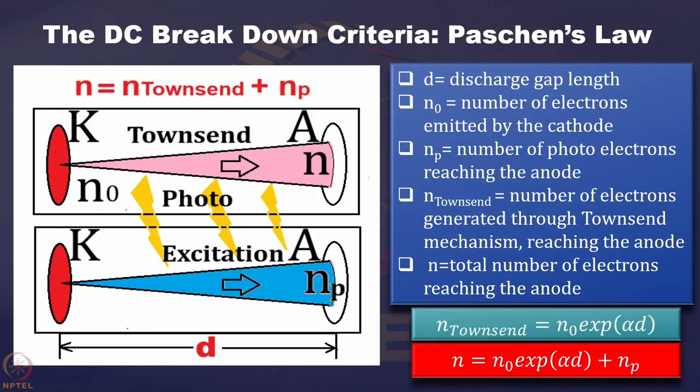The DC breakdown criteria, or Paschen law, is derived in this class. We will start like this. There is a cathode, say K, there is an anode, say A, and N0 number of electrons are emitted from the cathode and they reach the anode.